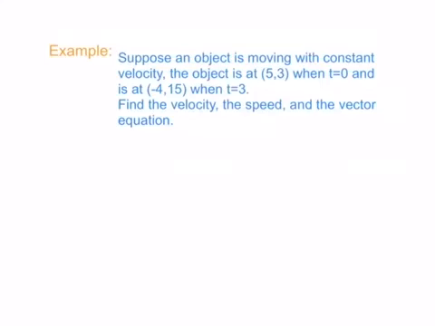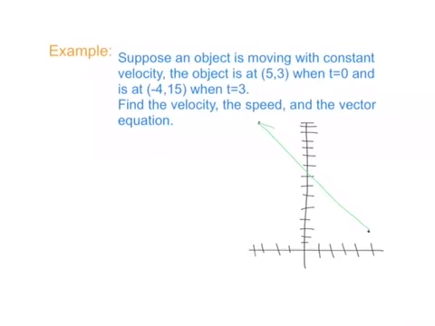Like, we'll assume it's an ant walking on graph paper, and it's moving per second. So at 0 seconds, the ant was at the point 5, 3 on graph paper, and then it kept walking at constant velocity, and after 3 seconds it reached -4, 15. Let's draw that. So it should look something like that.